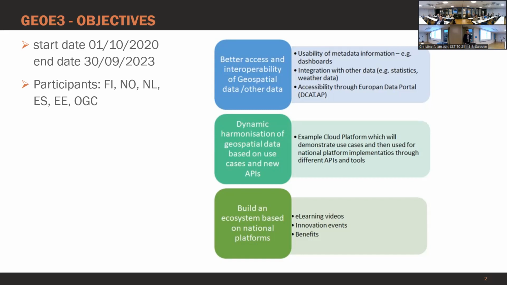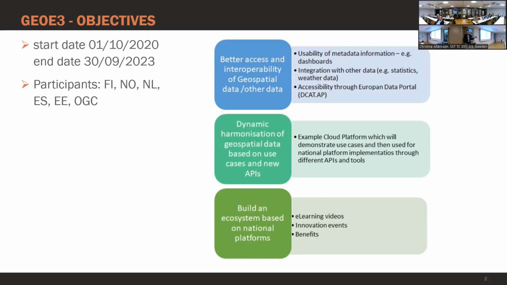Secondly, we are doing some harmonization. We are moving from GML to GeoJSON and using these new API standards. And last but not least, we are producing e-learning videos, innovation events and things like that to really demonstrate how these things are working.